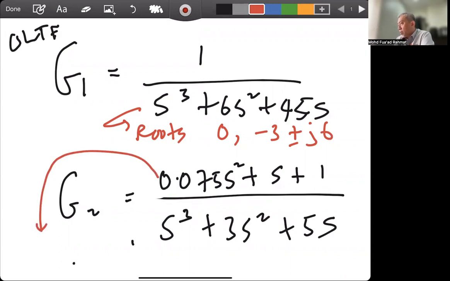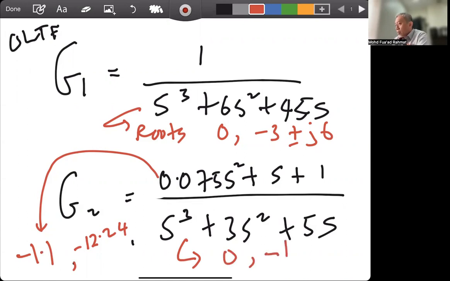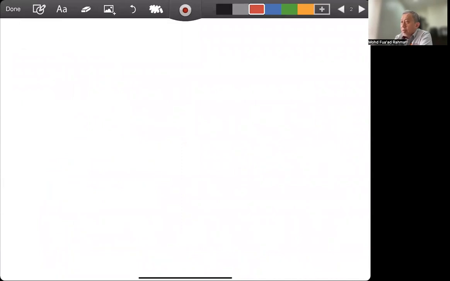The zeros value is minus 1.1 and minus 12.24, and the open loop poles for G2 is 0, minus 1.5 plus minus J 1.66. And then after that you just plot it.